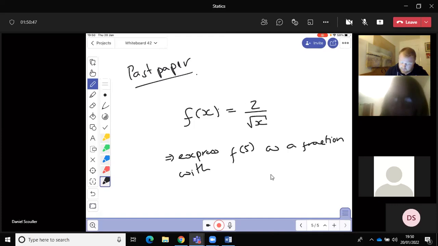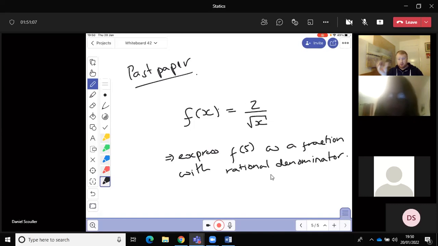I'm just throwing this in there just so you've got that awareness later on. Okay, as a fraction with a rational denominator. If you remember back to when we were doing surds, a rational denominator is just a whole number. So that surd, that root, is getting moved to the top.